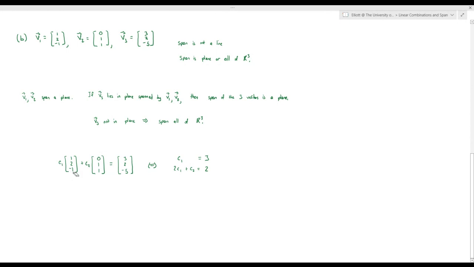And then the last equation is negative c1 plus 1c2 equals negative 5. So in this case, we already have that c1 would have to be equal to 3. So let me take these two equations and plug in c1 equals 3 and see what that gives us.